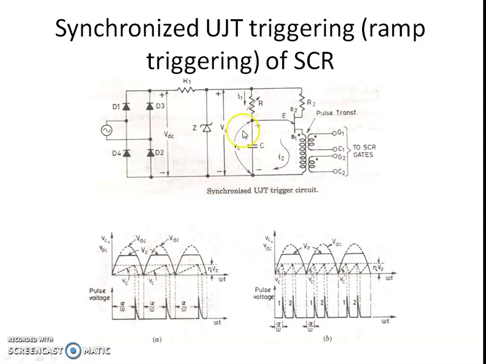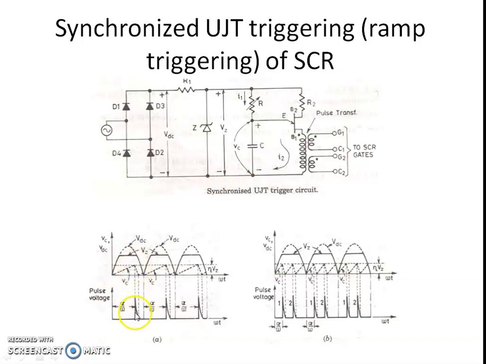We can vary the charging time of capacitor C by varying the resistance R. Thus we can vary the firing instant of an SCR. If the value of resistance is high, the RC time constant is high, therefore the capacitor takes more time to reach eta VBB plus VD.